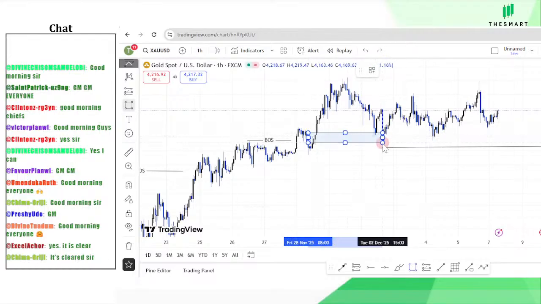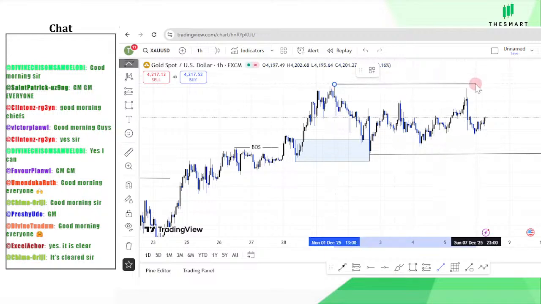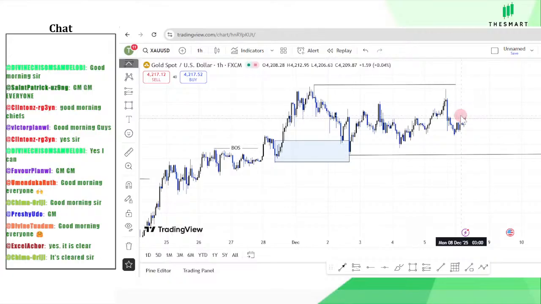This was what we were looking at for last week's live session. So price has already mitigated this level, and we were expecting this high to be taken out, but price didn't take out that high. What was the reason?